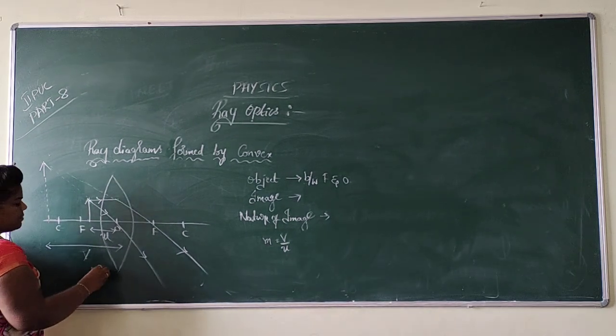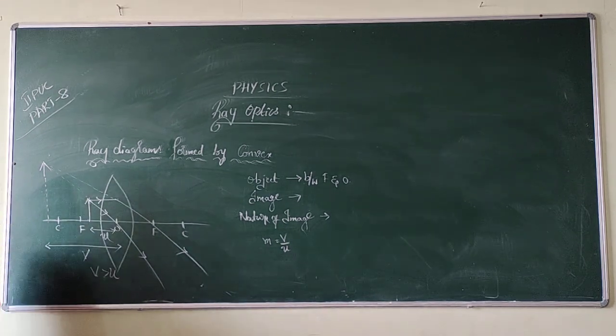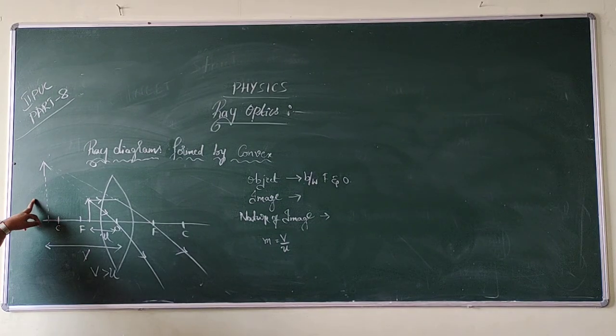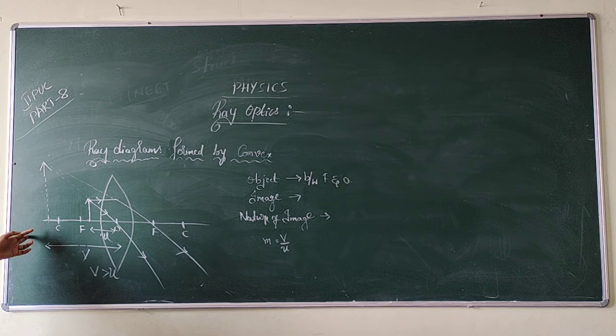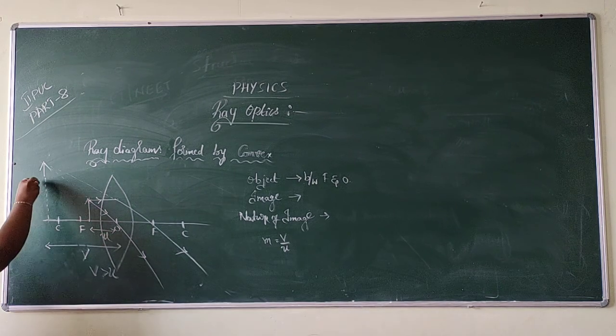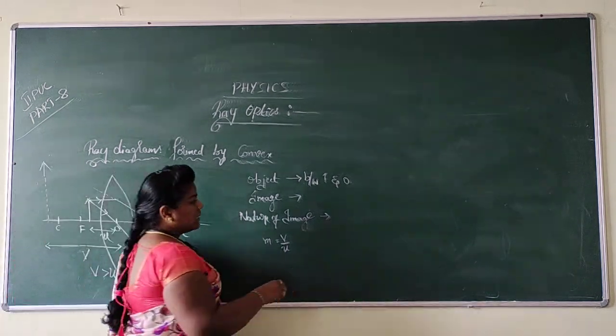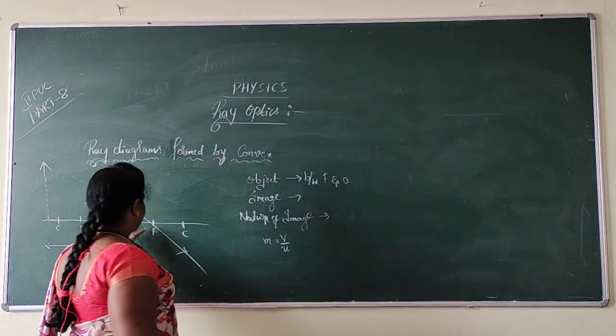Here the image distance is greater than the object distance. The image is formed on the same side as the object, beyond the object. What is the nature of the image? This is erect, right? This is erect because the rays of light are not going to meet after refraction.